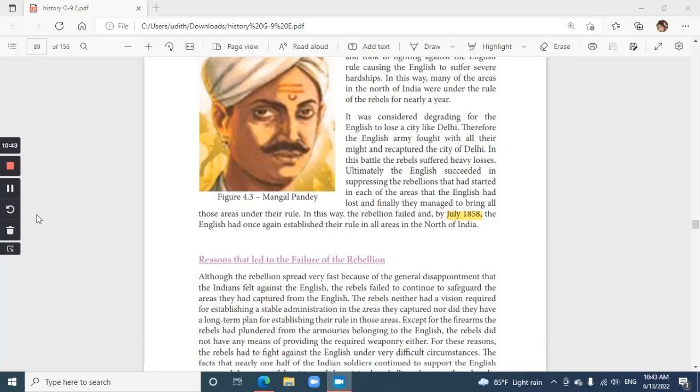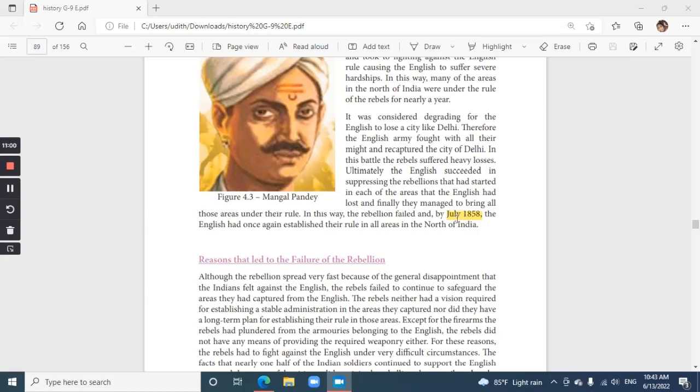So the English succeeded in recapturing Delhi, and finally they were able to stop this rebellion in July 1858.